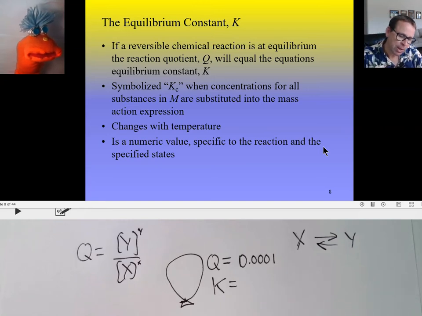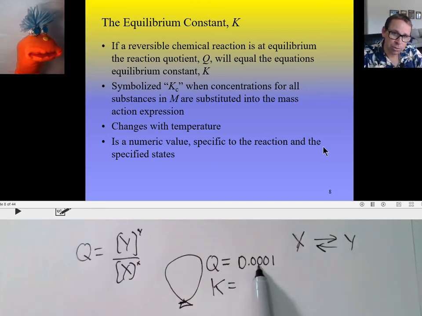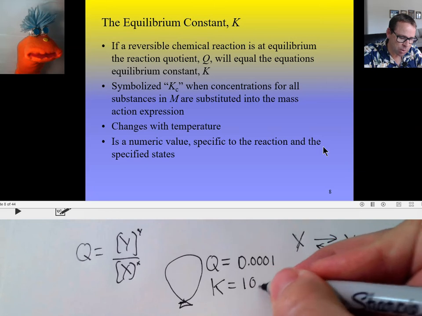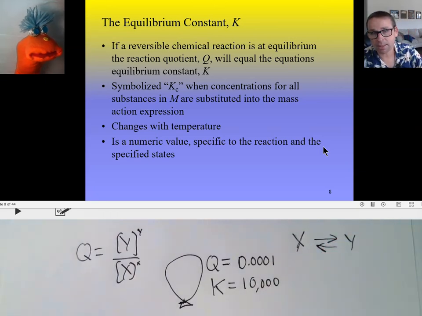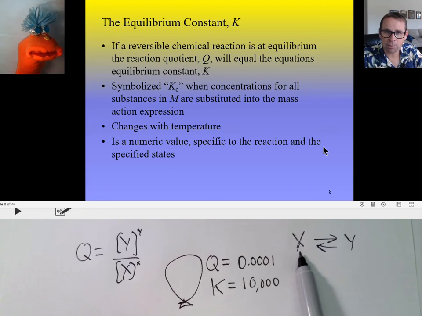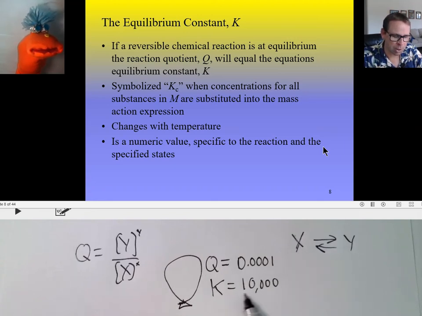So Q tells me that currently in this balloon, we have mostly reactants. But if K is equal to a large number, like 10,000, then this reaction is not at equilibrium.